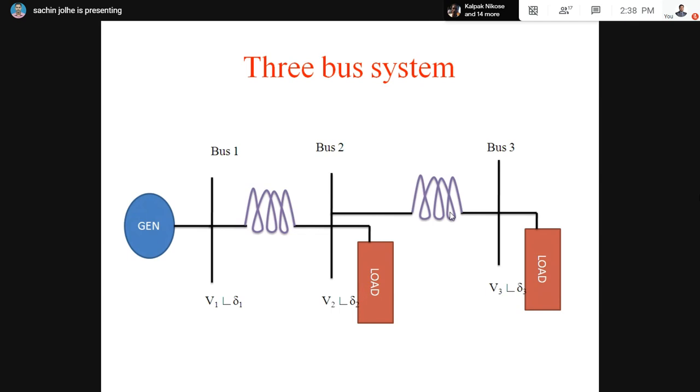Now, as the number of buses is going to increase, you will find the complexity is going to increase. Variables are also going to increase. Now the variables are not only 4, they go from 4 to 6, because there are 3 buses multiplied by 2, so 6. Why 2?